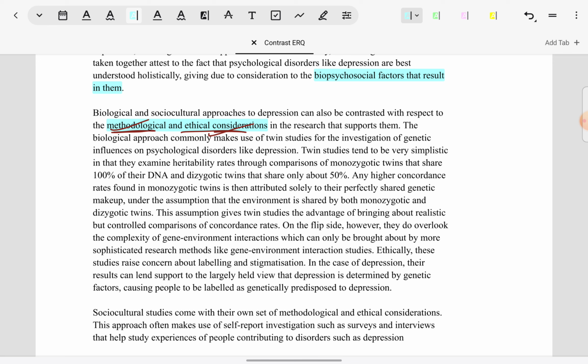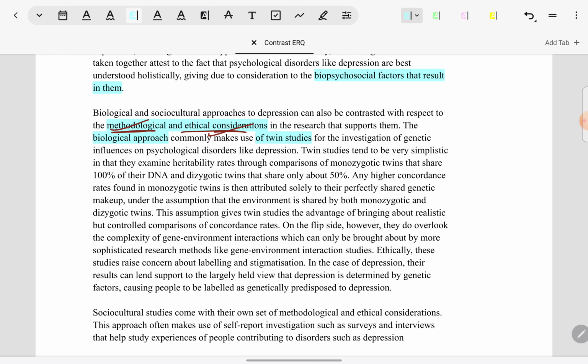Here I don't have much to explain in the rest of the answer because it's following the same format which I have explained in the previous half of the answer. So you can see, I'll just quickly go through it. The methodological consideration, which is then biological approach, that has been picked up. Again, there are too many considerations within any given approach. So the one which has been picked up here is investigation of twin studies.